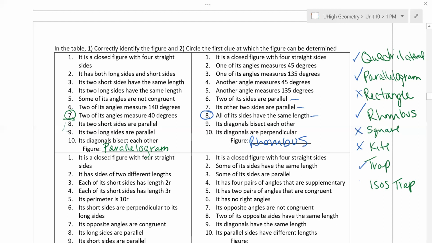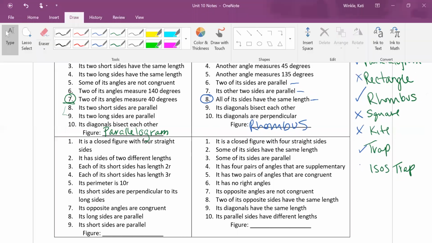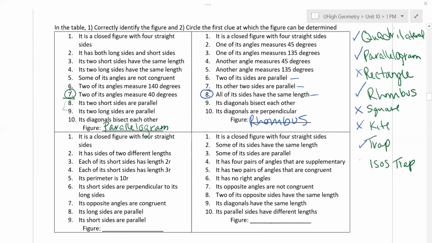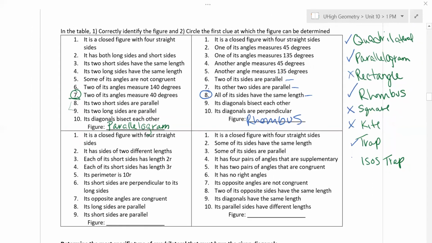All right. We are going to jump down to that bottom left-hand corner. I'm going to switch colors so that I can keep looking at that list to the right with our different shapes. So this one starts with, it is a closed figure with 4 straight sides. So I know for sure I again do have a quadrilateral.